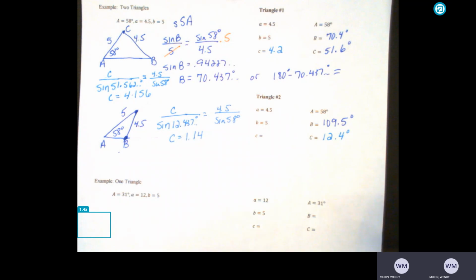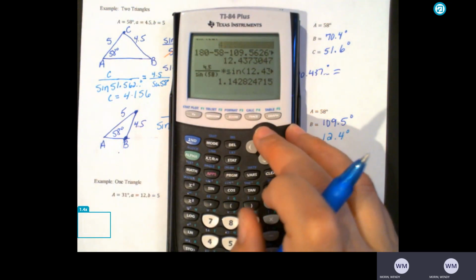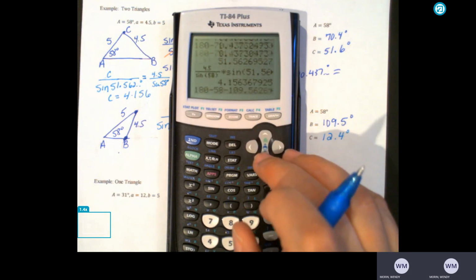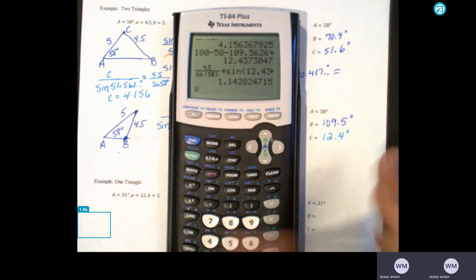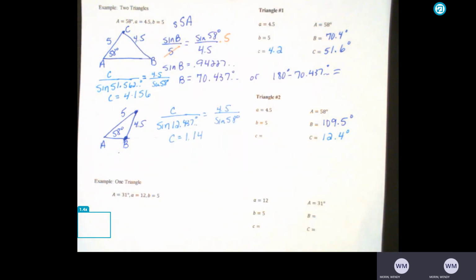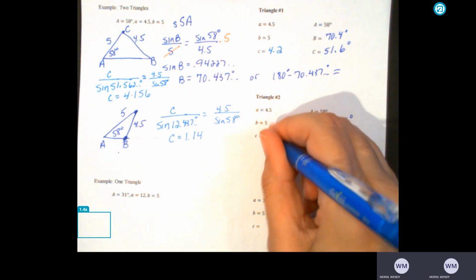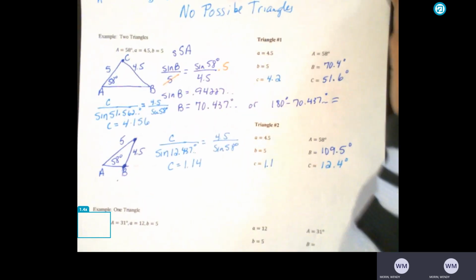You just arrow up, and again, we've gone over that. You just arrow up and select whatever you want to reuse. For those of you who can't arrow up and select, we're going to have to update your calculators so you can do that. Okay, so rounding to the nearest tenth, side C is 1.1, so that's where you get your two solutions.